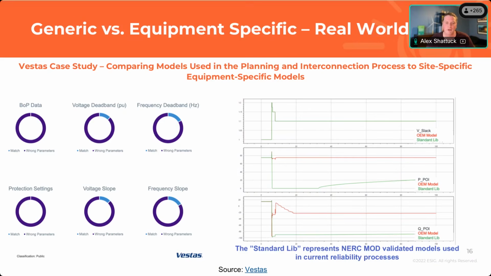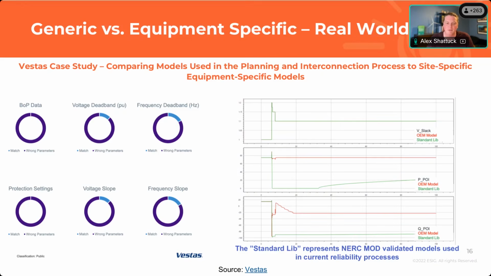But if we look at it for a second and do something a little bit more detailed, like compare that model response to something a little bit more stringent, like a fault or a voltage ride through, you get massive differences. And if we just look briefly here, the top is showing that the profile played in for voltage at the point of interconnection is the same.